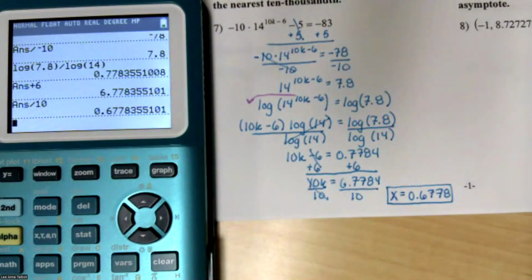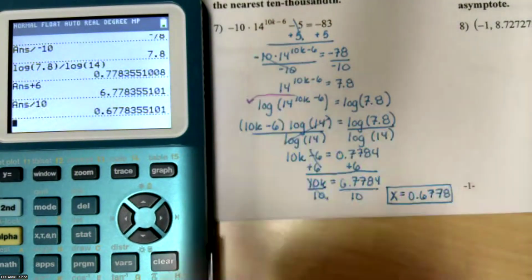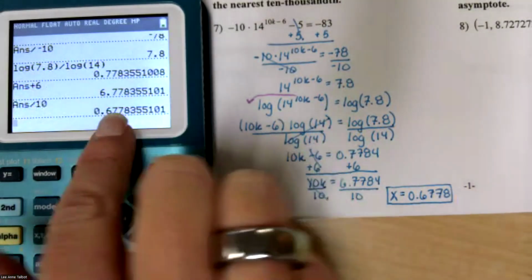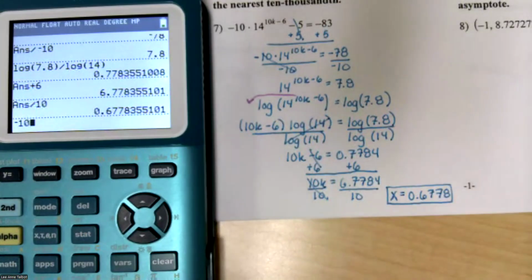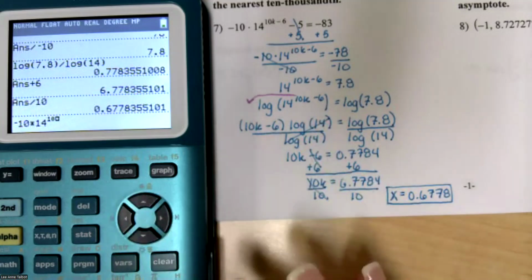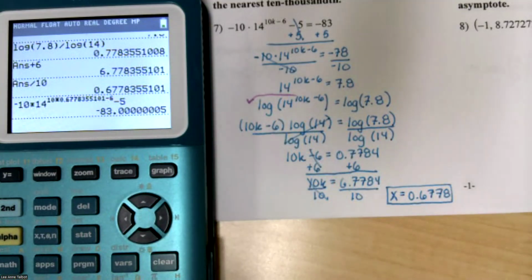Okay, now if I was doing a test or quiz and I was feeling spicy, I would type the original problem back in to check this, but I would use this number in the calculator. So 14 to the power of that number, minus 5.